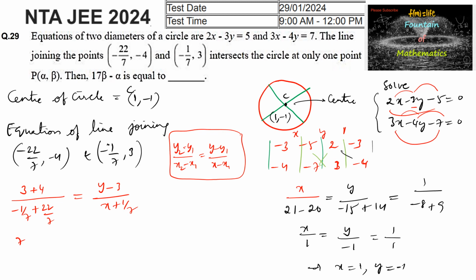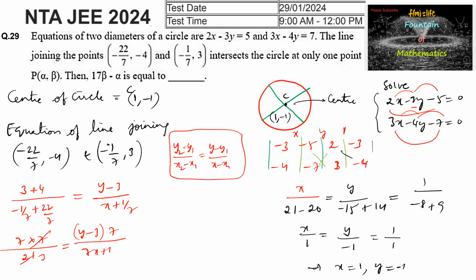or we can add 7 divided by, or 7 into 7 divided by 22 minus 1 is 20, 21. So we can add here 7 3 times, and here it is y minus 3 into 7 upon 7x plus 1.